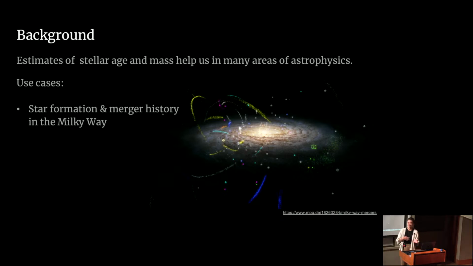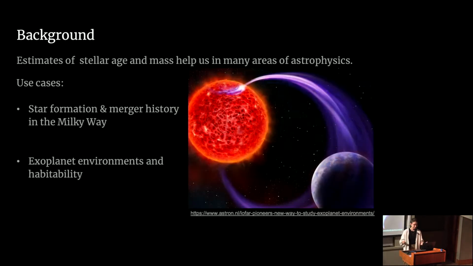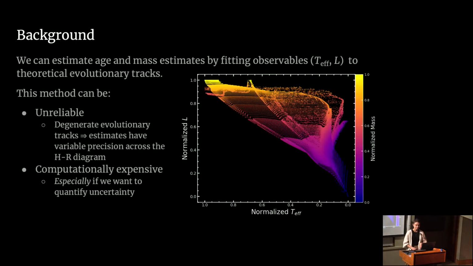Ages can also let us learn about streams from the Milky Way's merger history, which is exactly what Jamar just talked about. Additionally, having accurate characterizations for host stars can tell us a lot about the environment and potential habitability for the planets that surround them, kind of like the 2 planets that Aislinn discovered and talked to us about this morning. So hopefully I've convinced you that this is important.